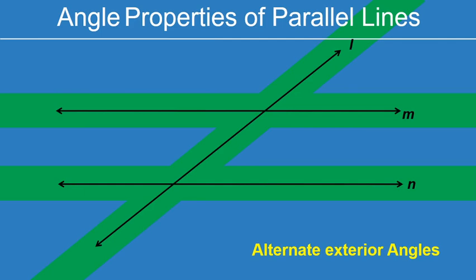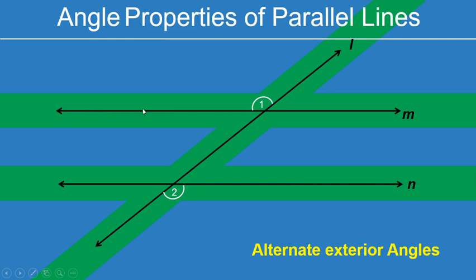Now we will talk about alternate exterior angles. As the name suggests, exterior, it means the angle should be at the exterior end of the parallel lines. These two angles are the alternate exterior angles. How can you find out? Look here.